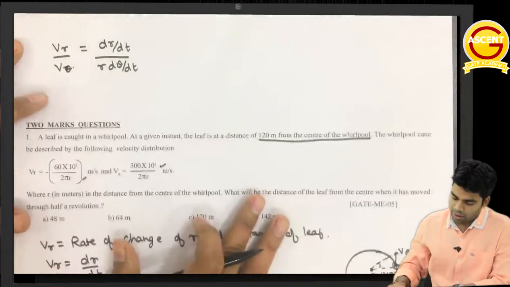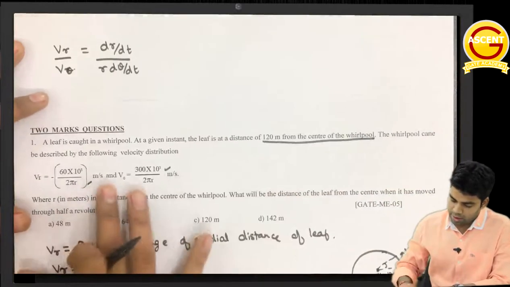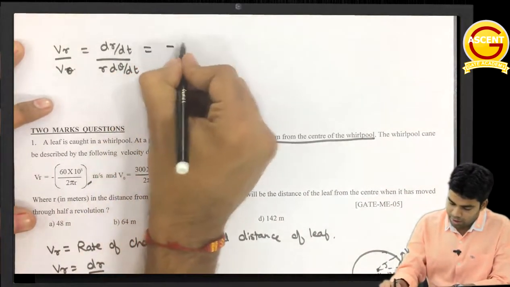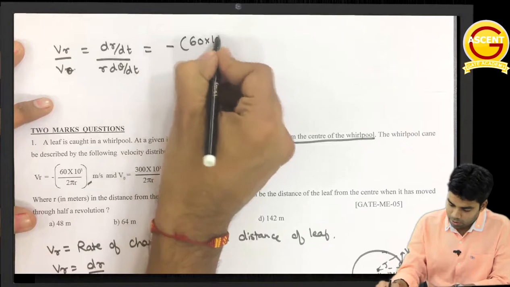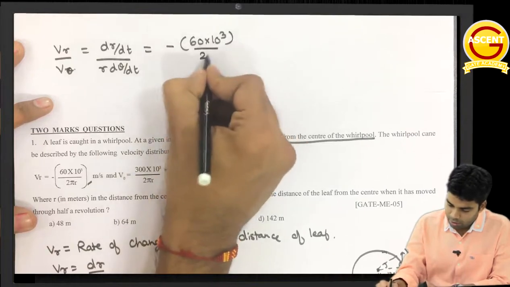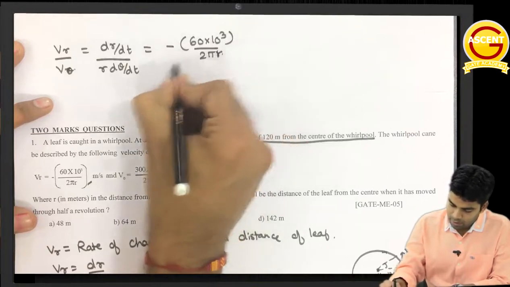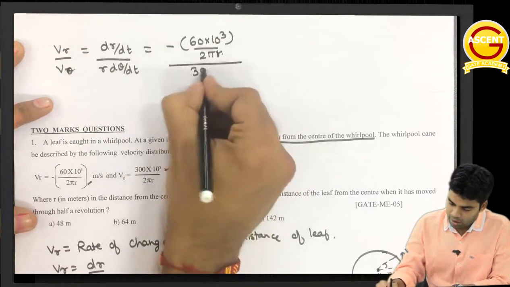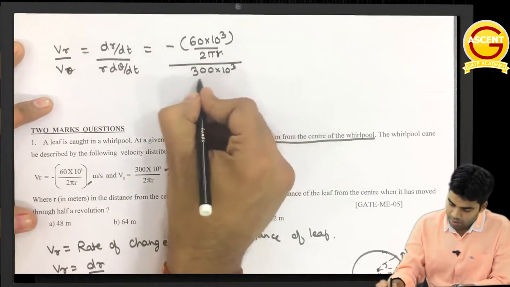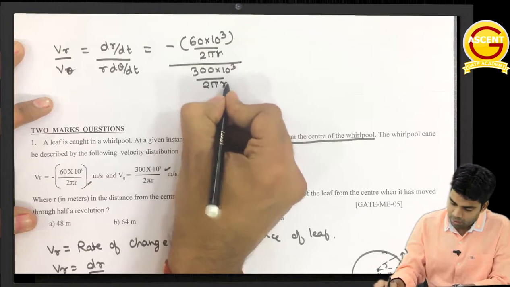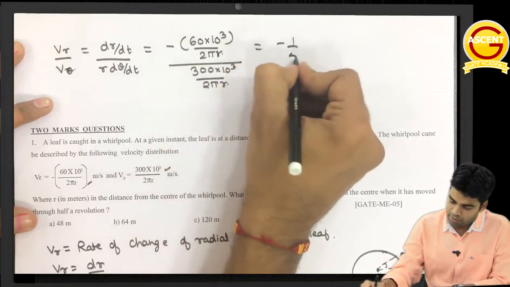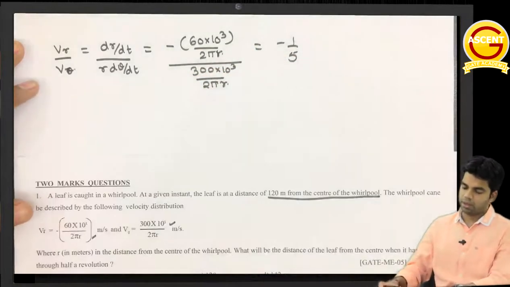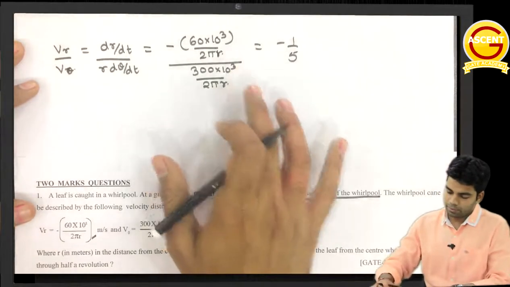Substituting the given values, this will be equal to minus 60 into 10 raised power 3 divided by 2 pi r, divided by 300 into 10 raised power 3 divided by 2 pi r. So this will be equal to minus 1 by 5. Clear or not?